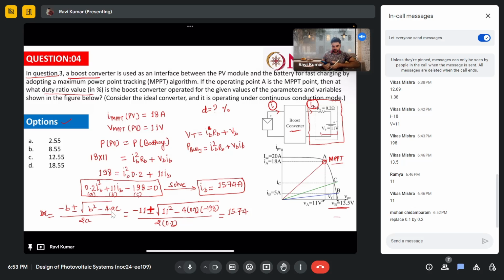So now what is the solution? 11 square plus 4 into 0.2 into 279.4, under root 279.4, minus 11 divided by 0.4.